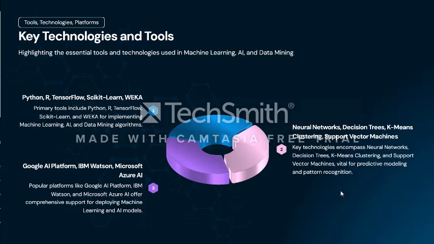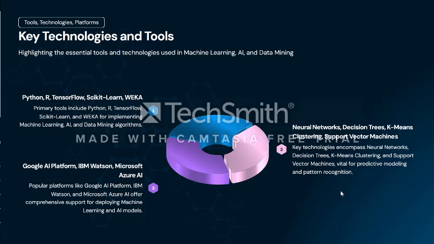There are other platforms available online through which you can implement these machine learning algorithms, and you can deploy these machine learning and AI models for testing of the system. So Google has a platform. Similarly, IBM and Microsoft also provide these supports through which you can deploy the machine learning and AI models.